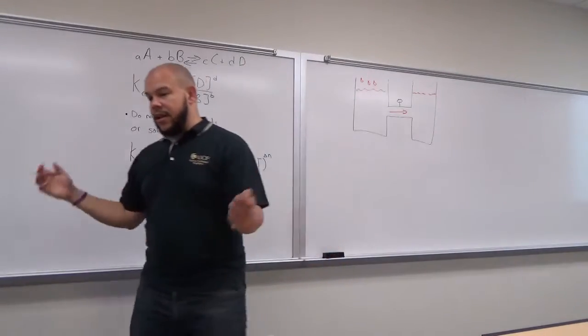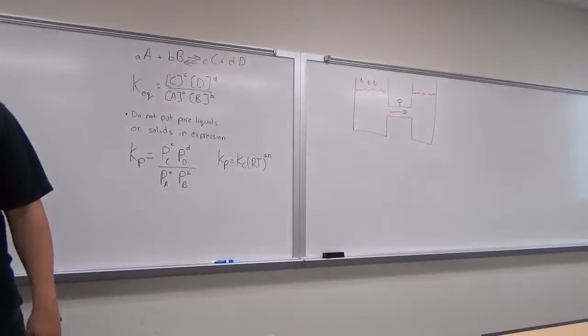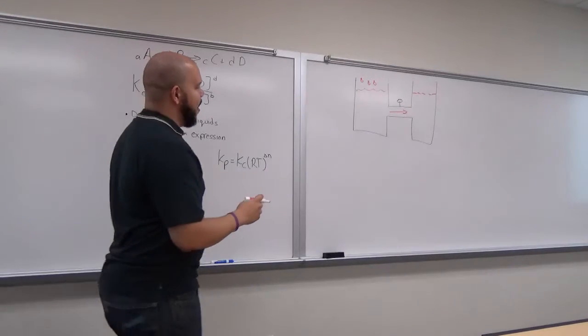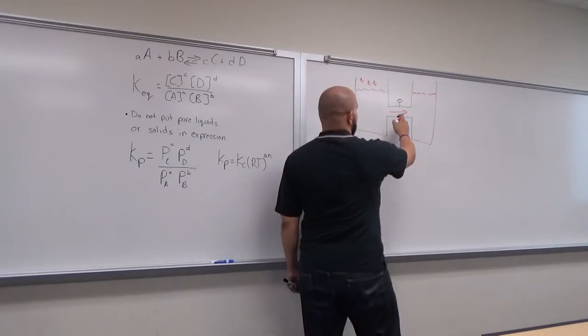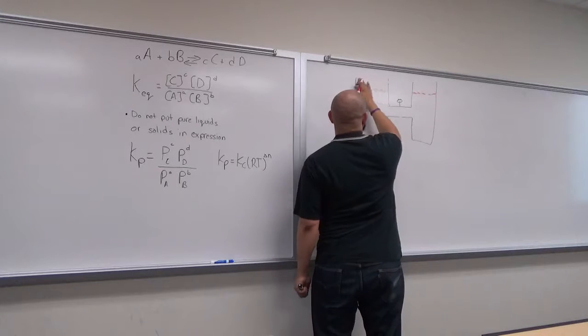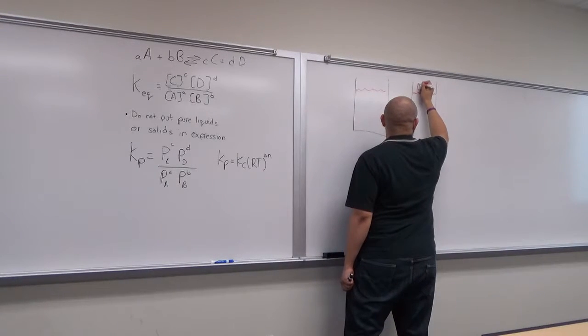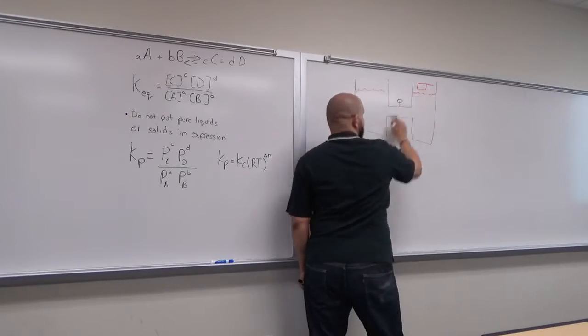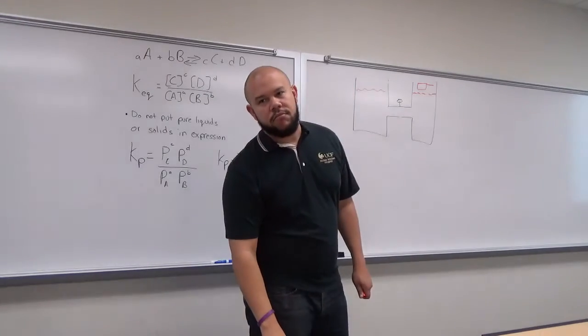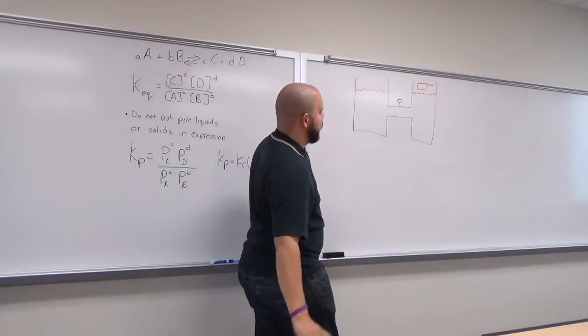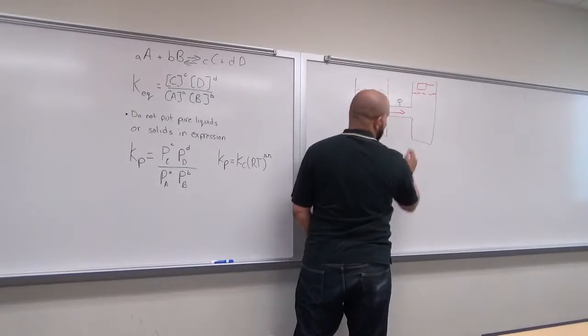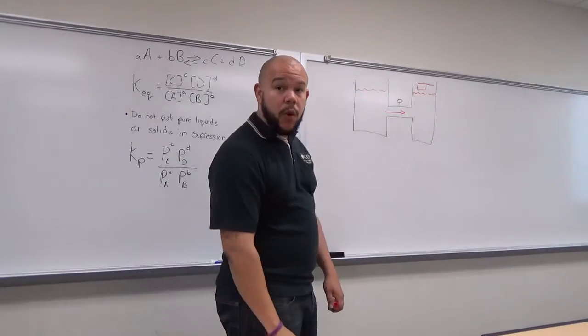You look at me like, why am I learning this? A little kid knows this. Just wait. Now let's say I took a pot and scooped some out from this side. We're going to get flow back to the right to replace what was taken.